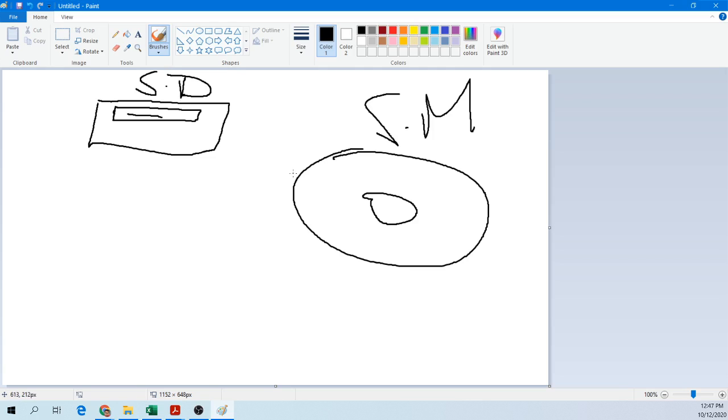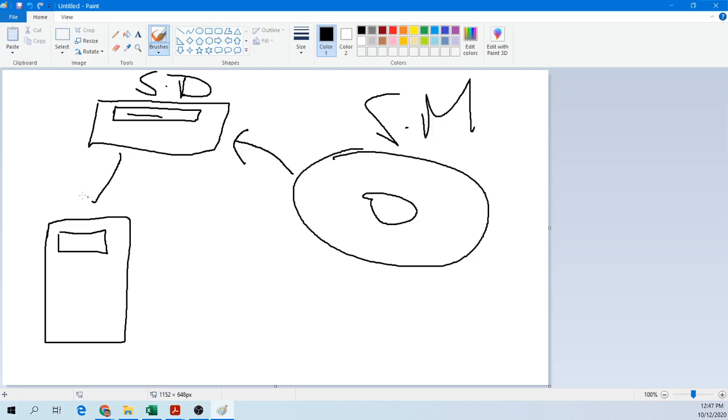The storage media goes into the storage device, and then that storage device gets connected to your computer, and that is how all of the songs that are on the CD get read by the computer.